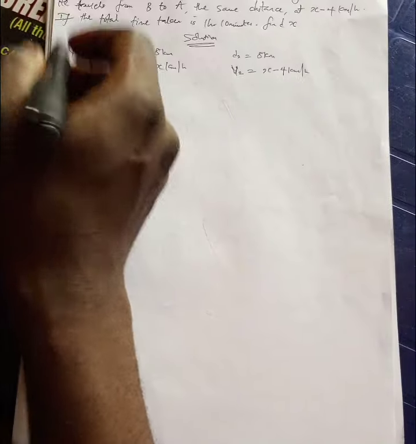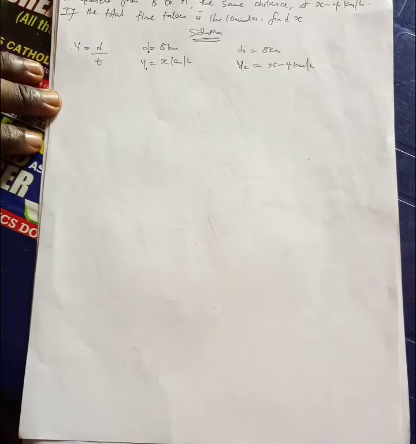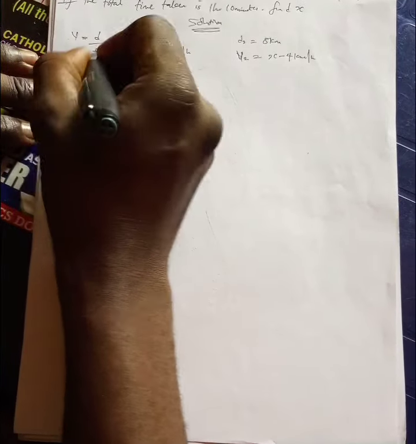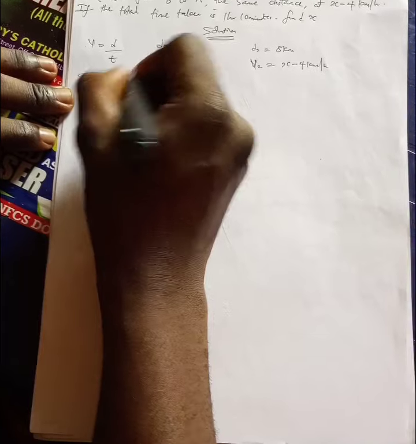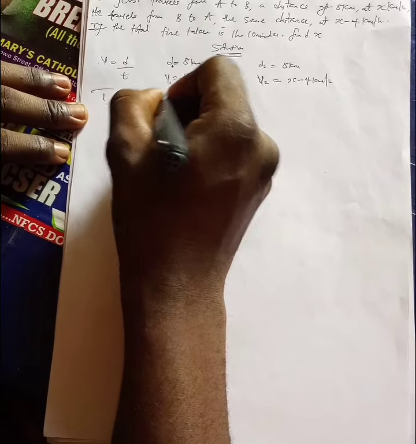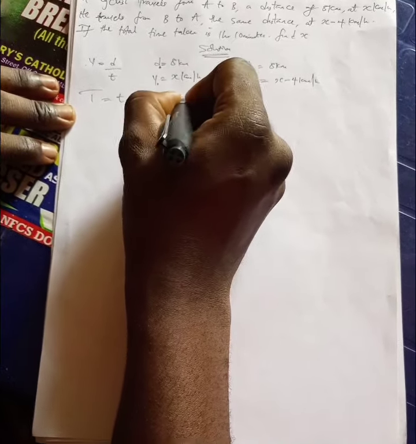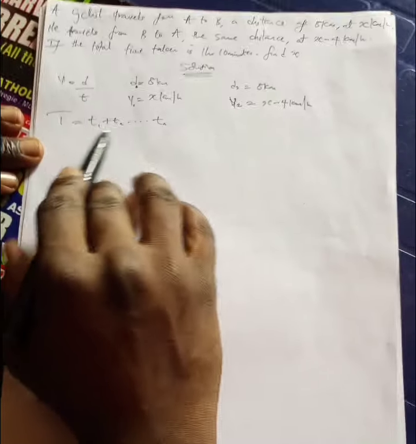So I will define a formula for my total time taken, which is equal to T1, T2, up to Tn, depending on the number of times he went to and fro. But here, he went to and fro just twice.